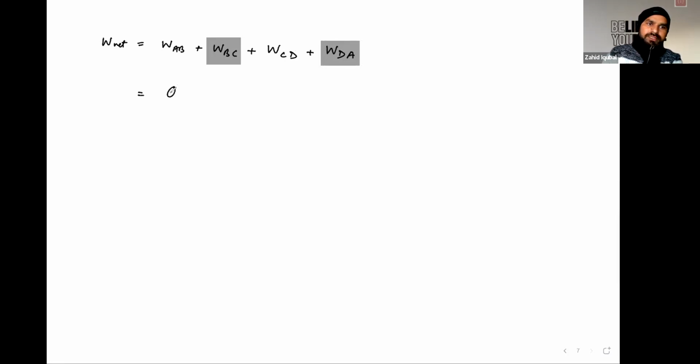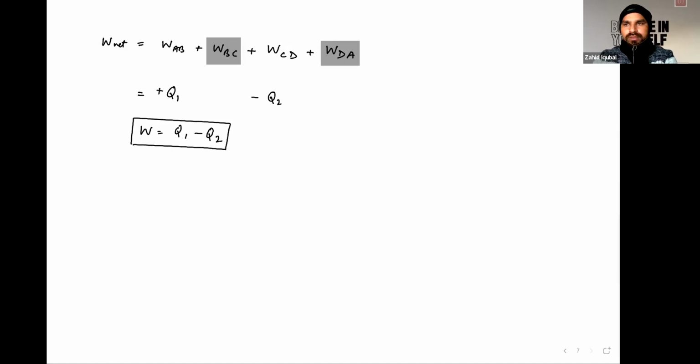Work done along A to B is plus Q1, and work done along C to D is minus Q2. So net work done will be Q1 minus Q2 in this entire process. So we have to calculate its efficiency or working performance of heat engine.